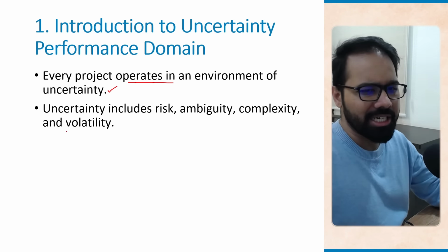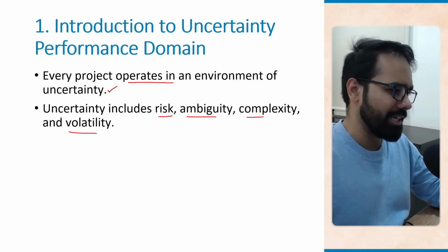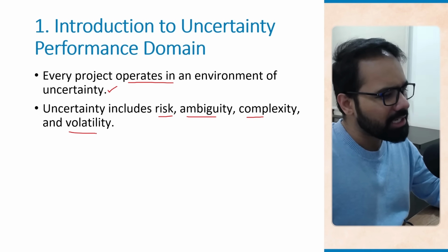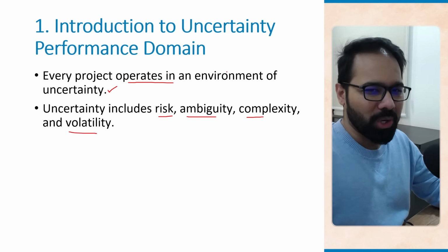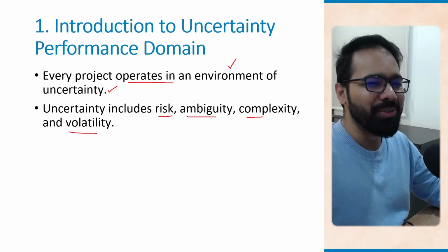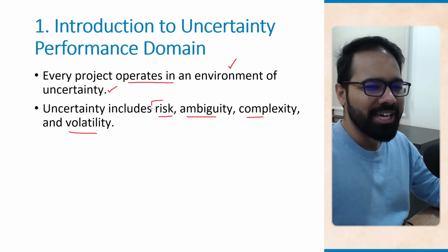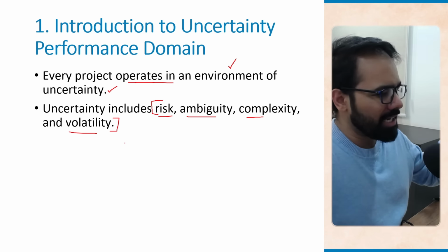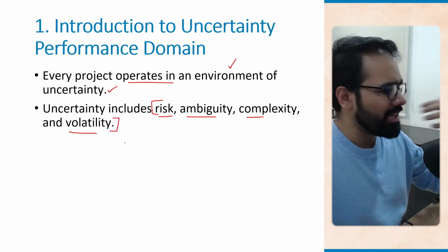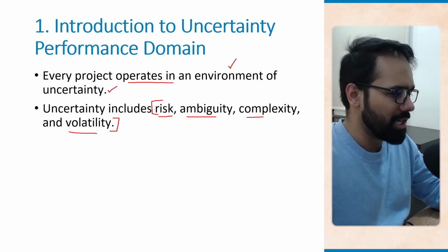Now, uncertainty includes risk, ambiguity, complexity, and volatility. These are 4 different aspects of the unknown. Because projects operate in an environment of uncertainty, you have a lot of unknowns. So these are the 4 different aspects of unknowns, from unpredictable risks to unclear situations or fast changing environments.